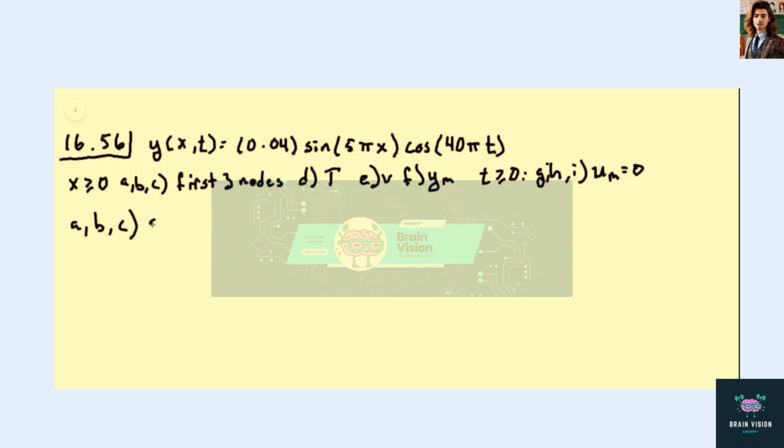So the nodes are going to be given by sine of 5 pi x equals 0.